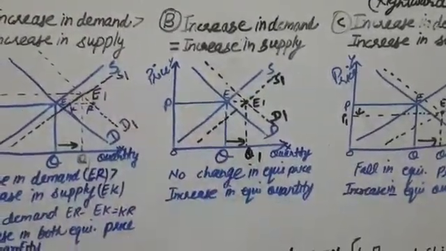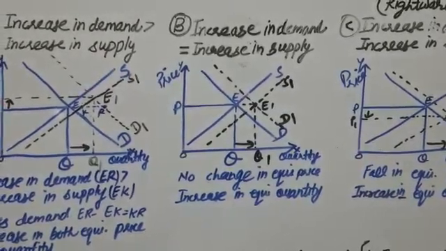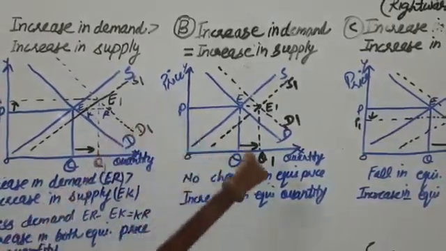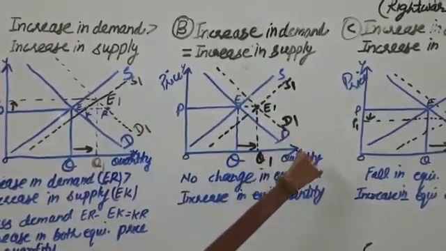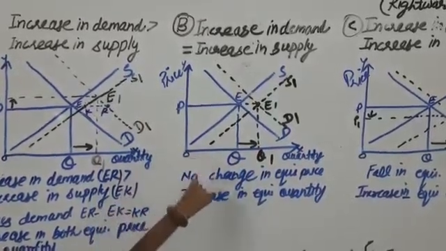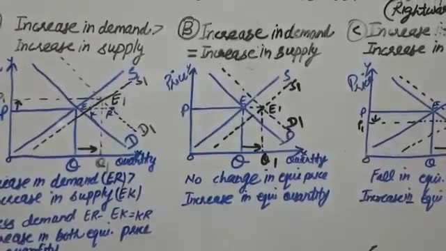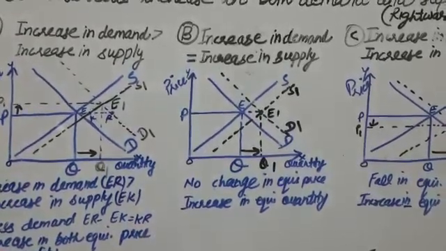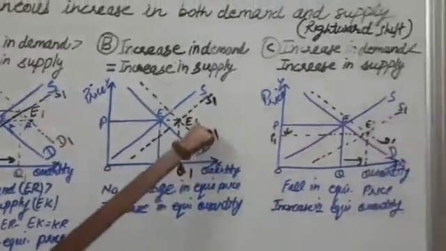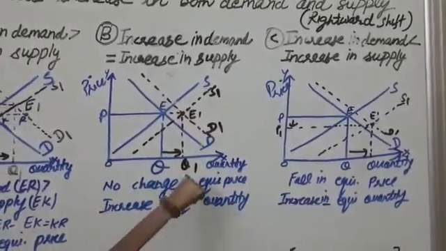As is clear from the diagram, E is the point of original equilibrium, then equilibrium quantity Q, equilibrium price is P. When demand increases, demand curve shifts rightward, supply also shifts rightward, there is equal increase. So in this case, there is no excess demand or no excess supply. Accordingly, equilibrium price remains unchanged. New equilibrium point is E1, but equilibrium quantity increases to Q1.